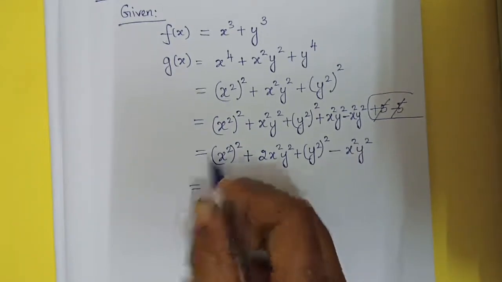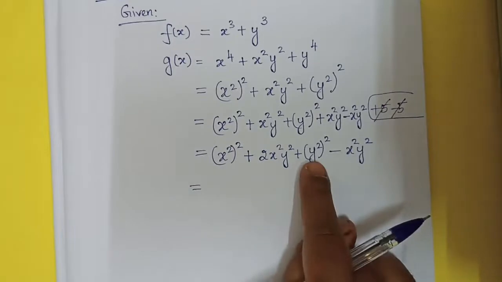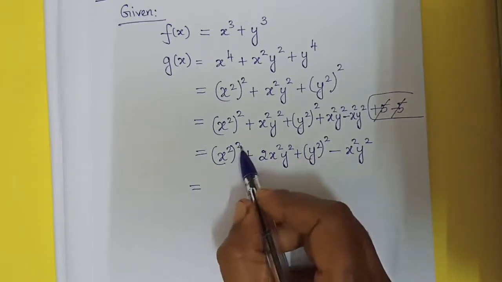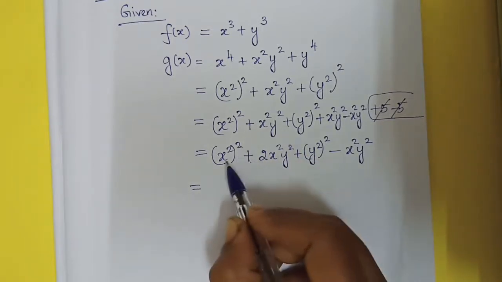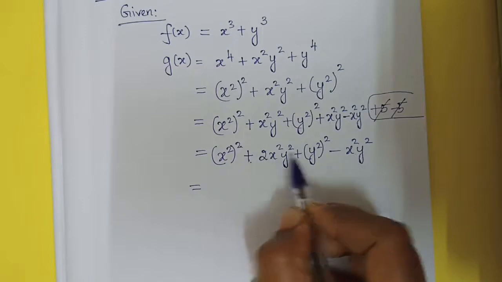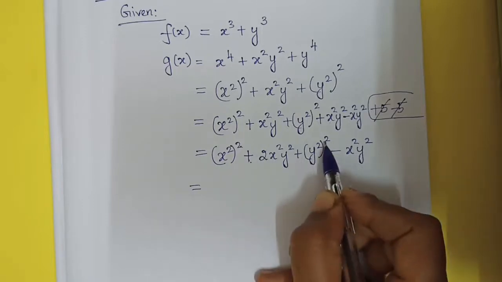Now compare these first three terms to the a plus b the whole square form. Check that one: a square plus 2ab plus b square.